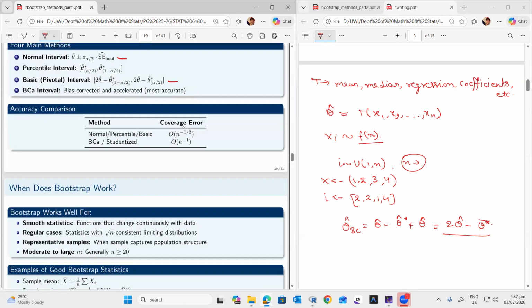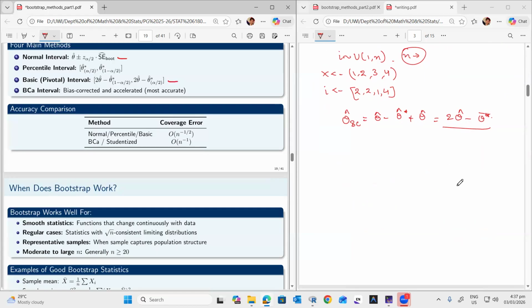Here we can define the bias corrected asymptotic confidence interval.